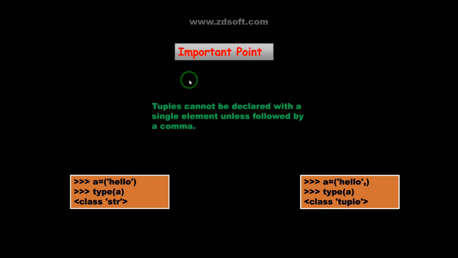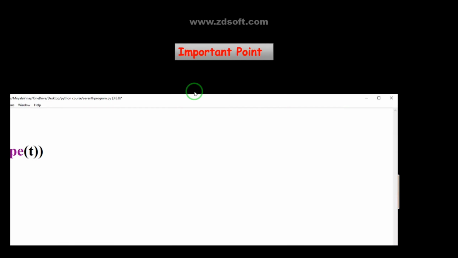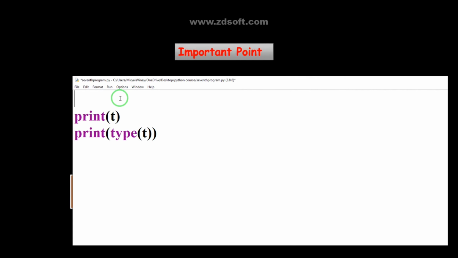Coming to the next part, that is an important point. Tuples cannot be declared with a single element unless followed by a comma. Let me show. Suppose, guys, I have a tuple called t, and I am trying to assign only one value, that is "intense", a string data type, to the variable t.